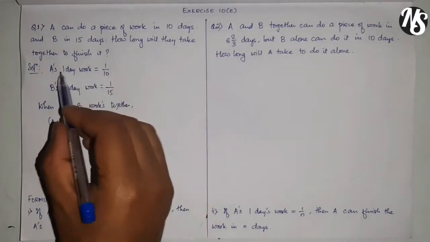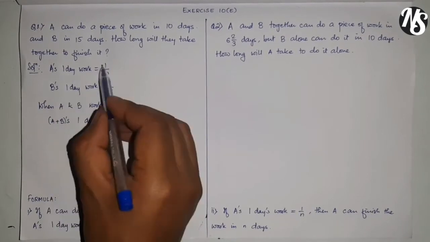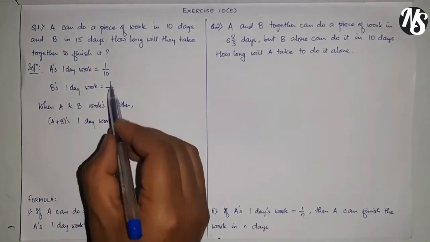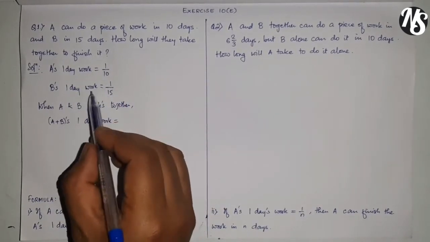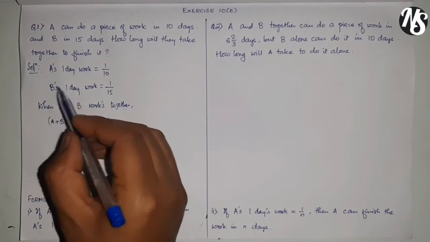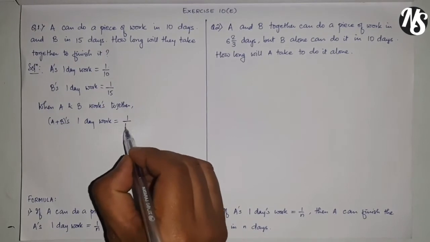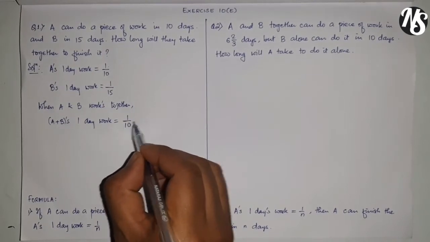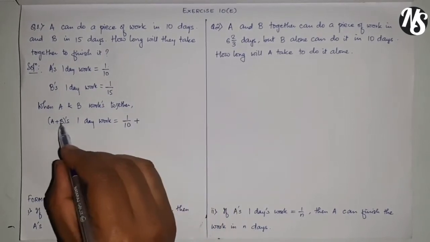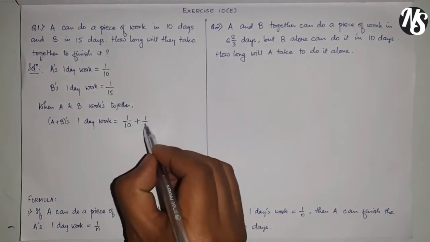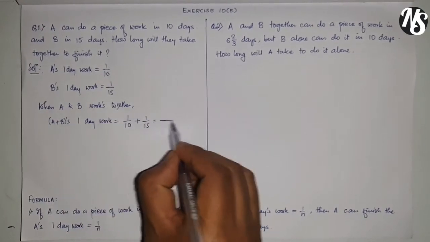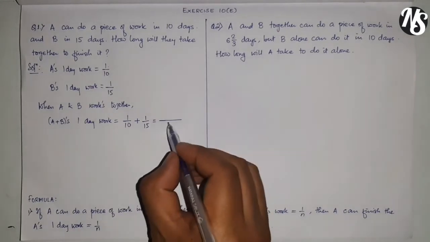Now if A does 1 by 10 part in 1 day and B does 1 by 15 part in 1 day, that means if they work together in 1 day they are going to complete this plus this. This is the work done by A, and the work done by B is 1 by 15. So first and foremost you have to find the LCM, which turns out to be 30 here.